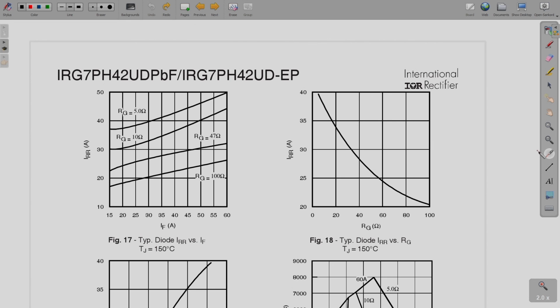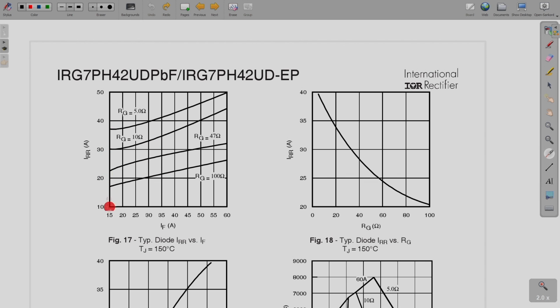Then what we see here is the manufacturer has provided the reverse recovery current versus your forward current IF, meaning while the diode was conducting, how much current it was carrying, and then correspondingly how the reverse recovery current changes. You can see here those are given in ampere.